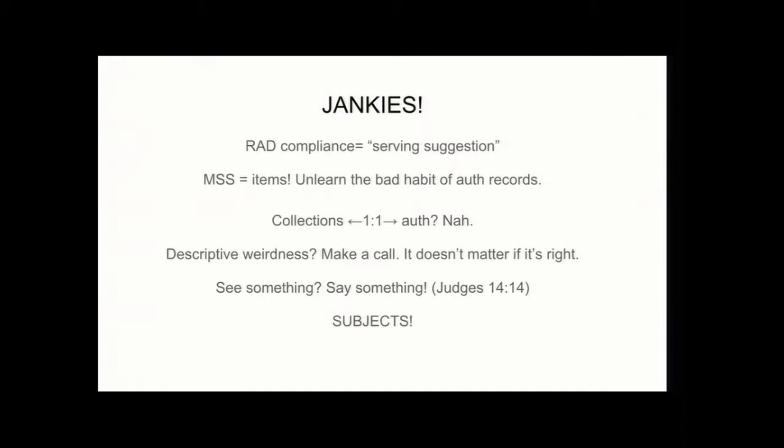With some of our descriptive weirdnesses, we kind of just had to make a value judgment. If we saw an error in the way we had done descriptive practice that was sufficiently widespread, we had to just make an affordance for that. Particularly, as I said before, disambiguating between scope and content and arrangement notes was quite challenging.